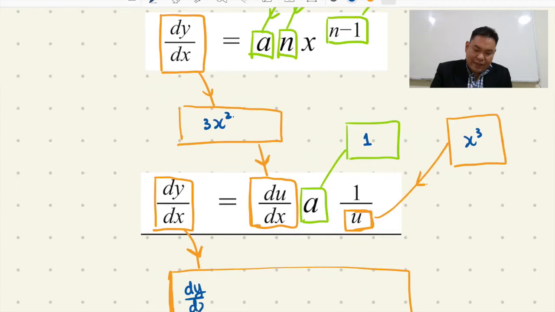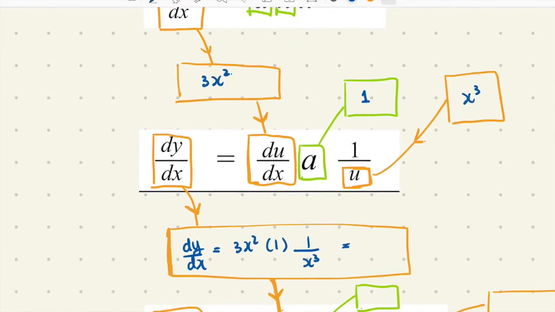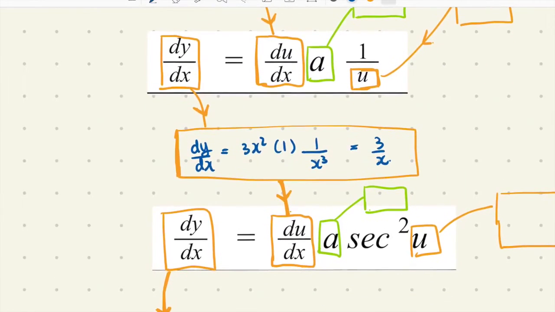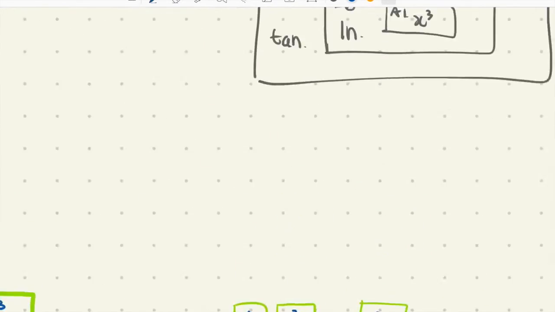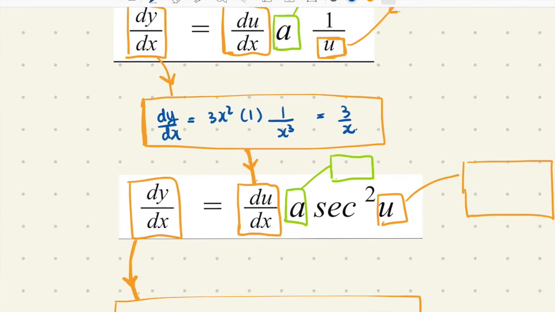We write that down, 3x squared times 1 times 1 over x cubed. If you simplify them, you get 3 over x. And that 3 over x is du/dx for the next formula, which is formula B4.